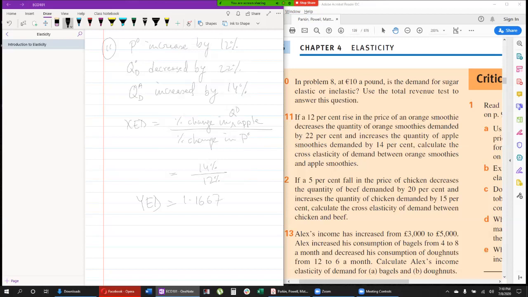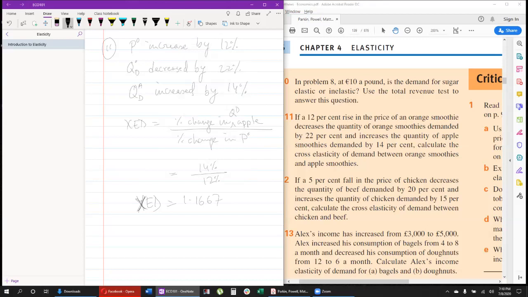Yes, okay. What can we say? First of all, this is a positive cross elasticity of demand. What does that mean? It means that if the price of one good goes up, the quantity demanded of the other good will go up as well.